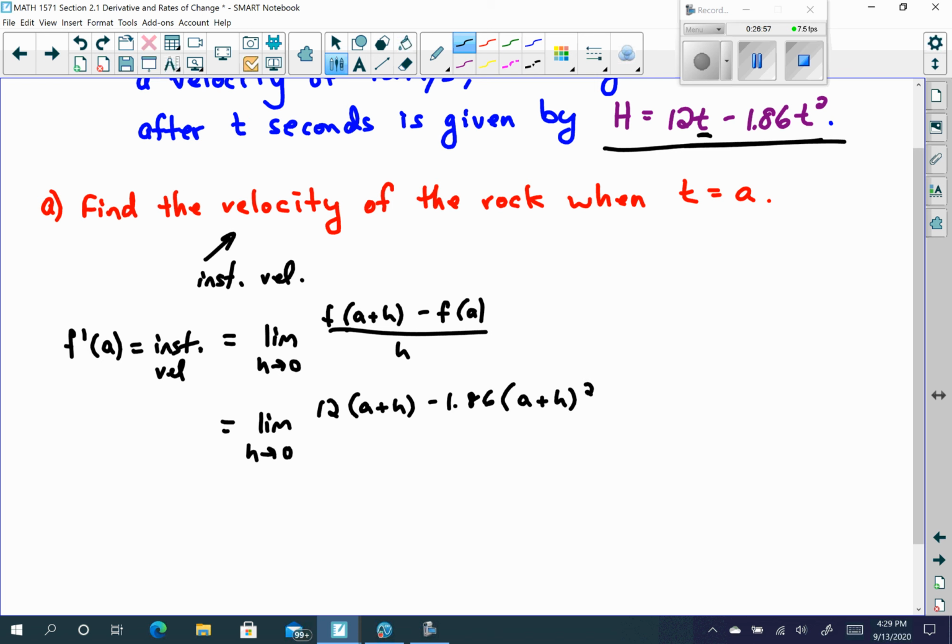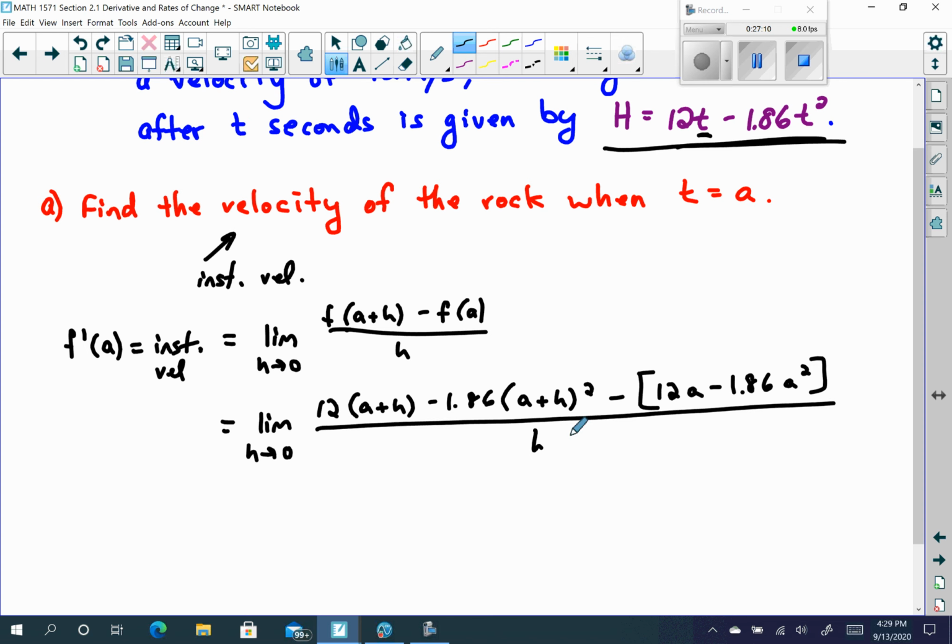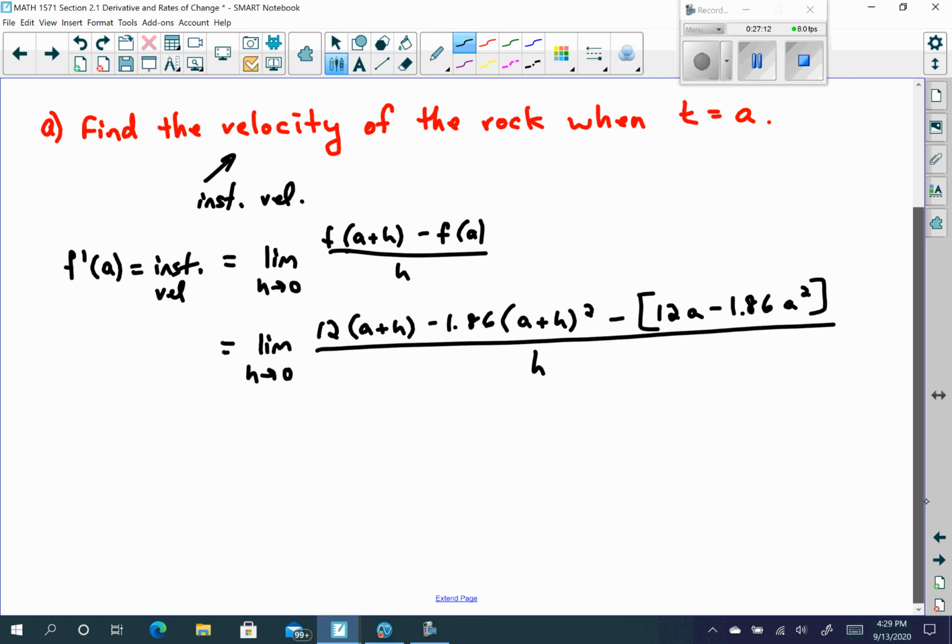So that's just filling in this first part. Minus f of a, so we're going to have 12a minus 1.86 a squared. Now, I know we have a decimal here, so if you need to use a calculator, that's fine. Pause the video and work the rest of this out and see if you come up with the same thing I do. I'll give you a few seconds to do that. But again, pause the video and then resume playing.